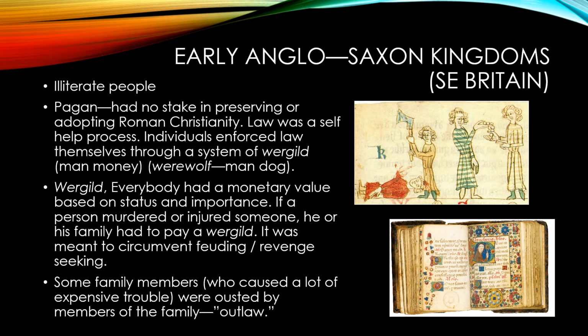So the wergild, this is a system whereby the members of society, their body actually had a monetary value. So everybody had a value based on their status and their importance, even the importance of their hand. So for a man, if someone causes him to lose a finger, they have to pay that man a certain amount of money.